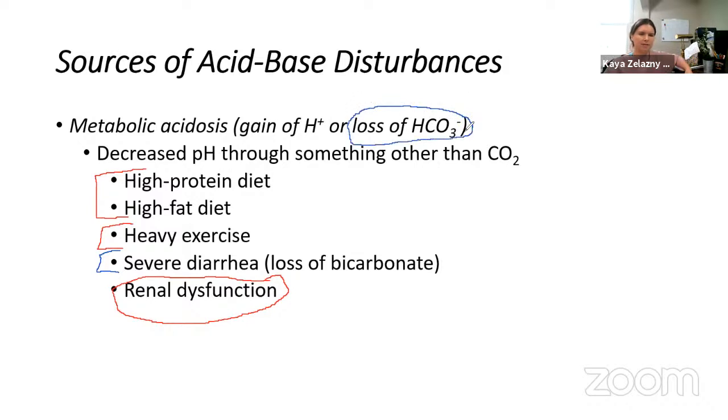So the loss of bicarbonate ions means we don't have enough buffer to buffer out our hydrogen ions. So those hydrogen ions stay free in the plasma, leading to acidosis. So severe diarrhea, if you are excreting too much bicarbonate in your feces, this is a problem that could cause acidosis as well.